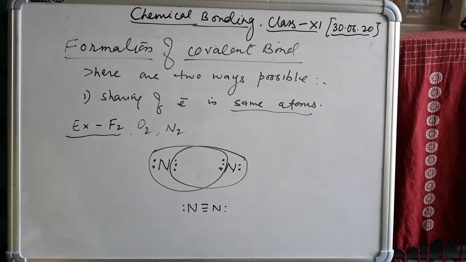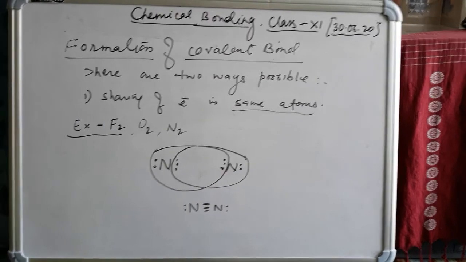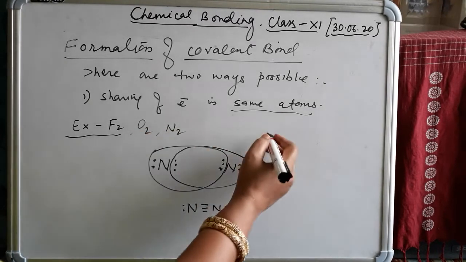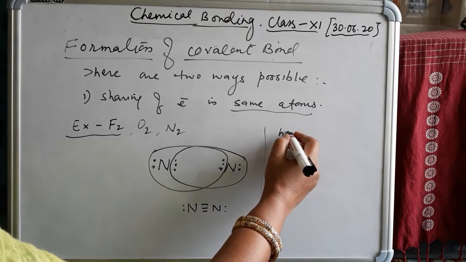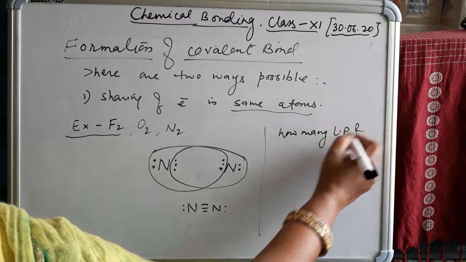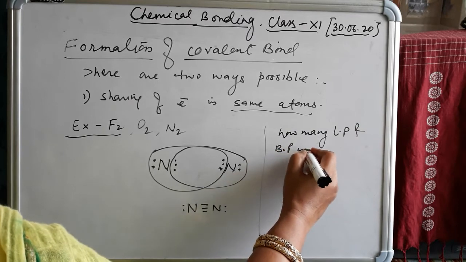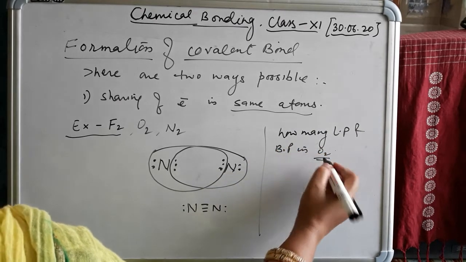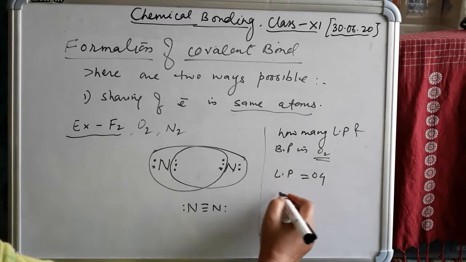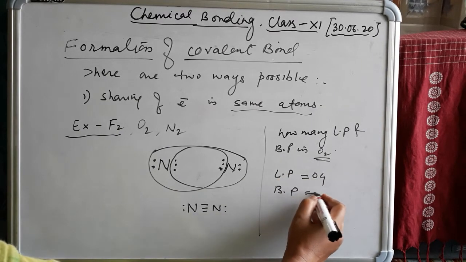Now next we see sharing of electrons in different atoms. So how many lone pairs and bond pairs in oxygen? Simply we can write lone pairs total 4, bond pairs total 2.